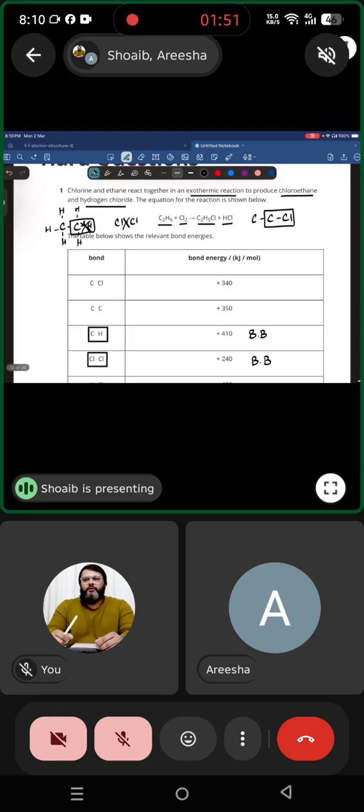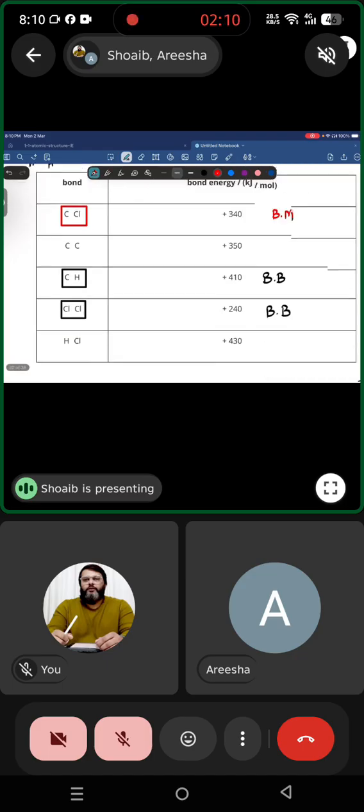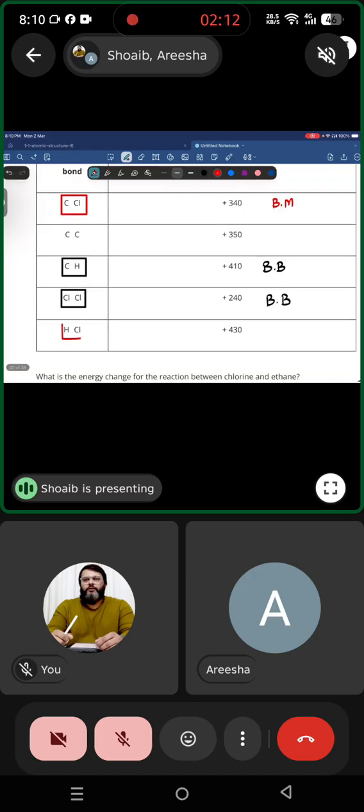Then the new bond formed is between the carbon and chlorine, which I'm going to represent with the red color, so we can identify that. So this one is bond making, and the other new bond formed is hydrogen and chlorine. The hydrogen-chlorine bond is formed here.